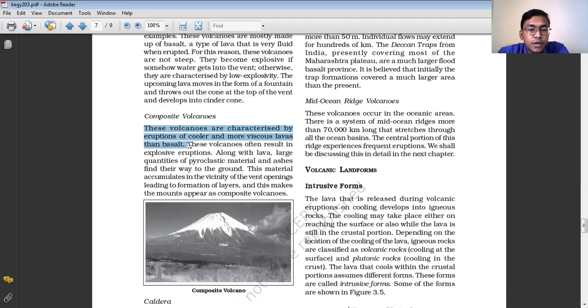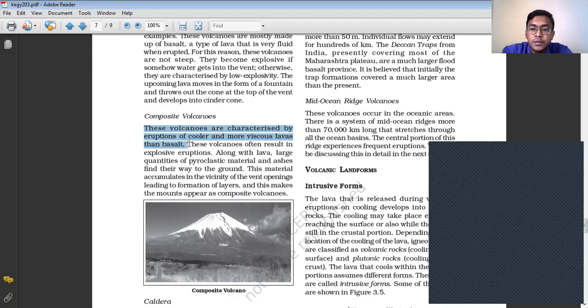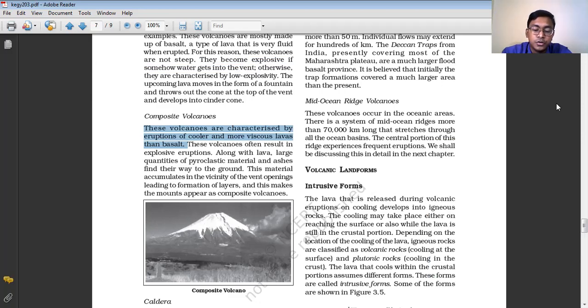These volcanoes often result in explosive eruption. So they are basically explosive in nature, and a type of explosion takes place when these composite volcanoes erupt. When I was explaining about the earthquake, I said that volcanic earthquakes are there, meaning when the volcanic eruption takes place, some shaking of the earth takes place.